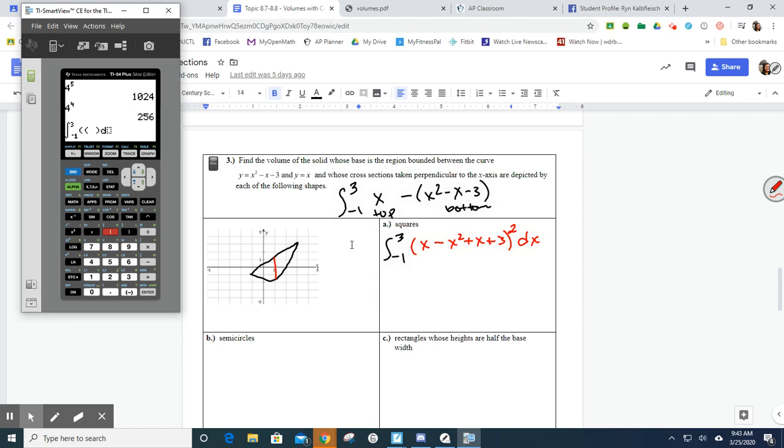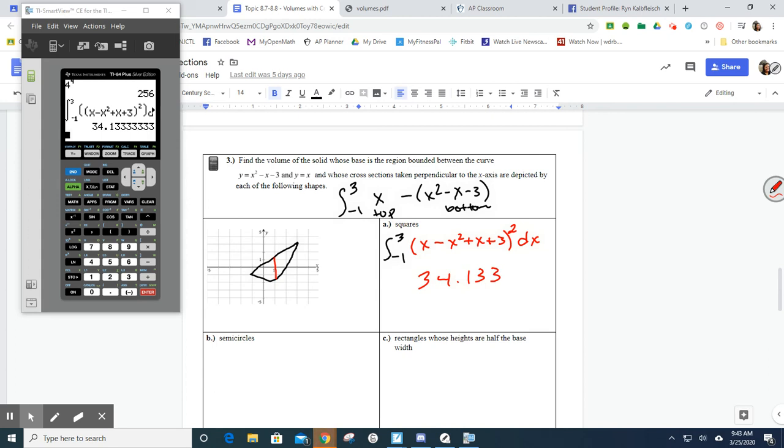And I'm just going to type it in just like you see it. And there's your answer. I would go 3 past the decimal, 34.133. And you don't have to show any more work than that.